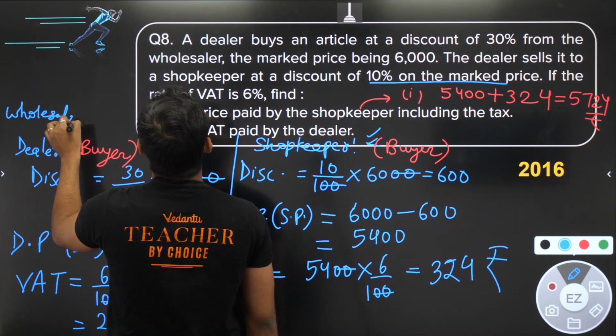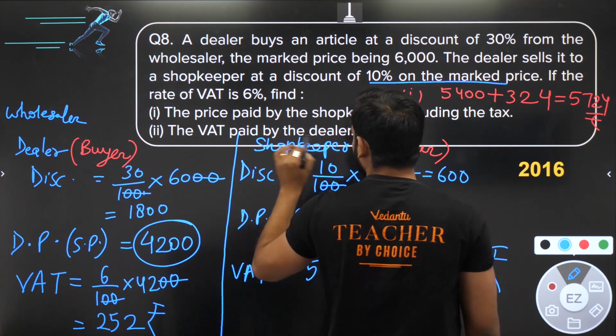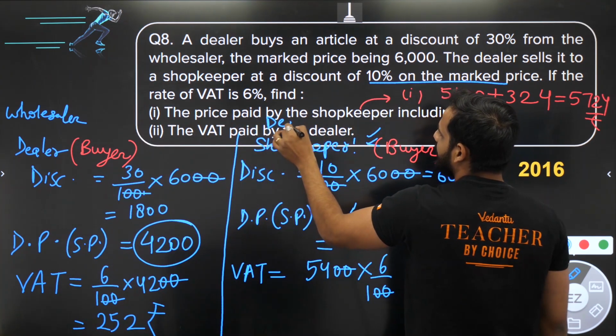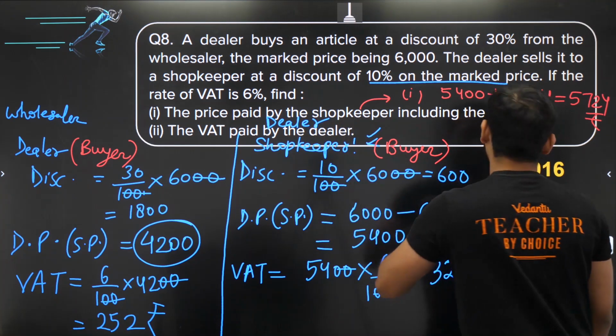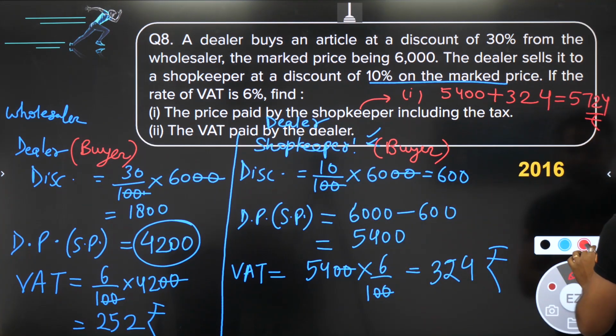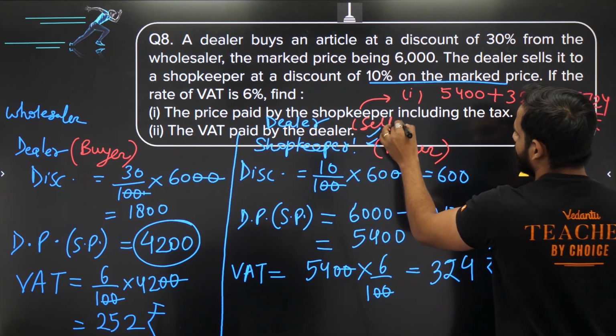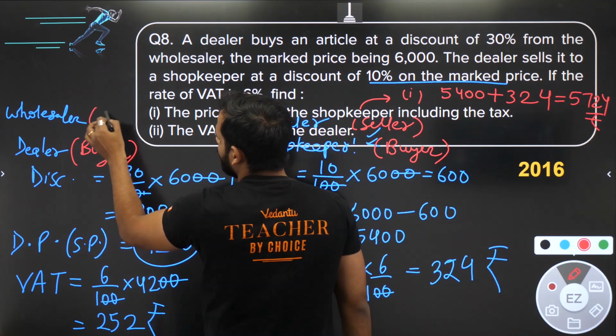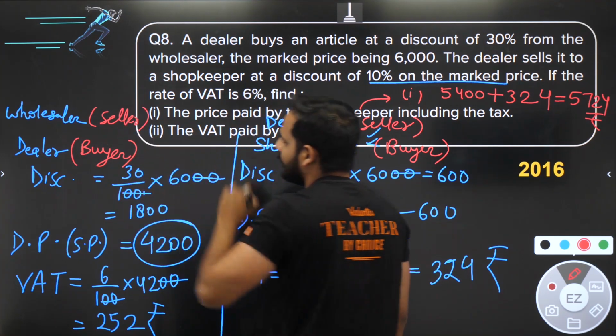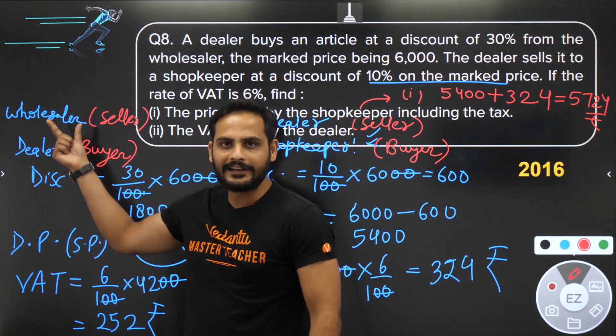The wholesaler. The wholesaler is the seller, and here the dealer is the seller. Understand this relation. So the wholesaler is selling the item to the dealer.